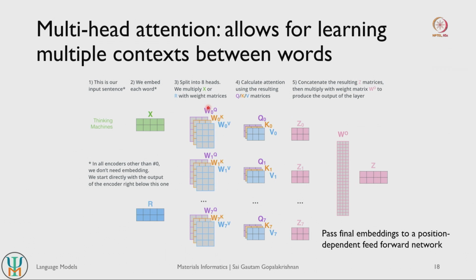So you get a different set of weights for your query, key and value in this head here, and other sets of query, key, value associations here and so on. So maybe here you get the association that king is a man, here you get an association that king wears a throne, and here you get an association that king has power.